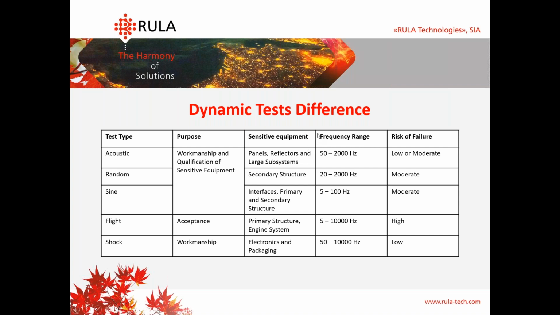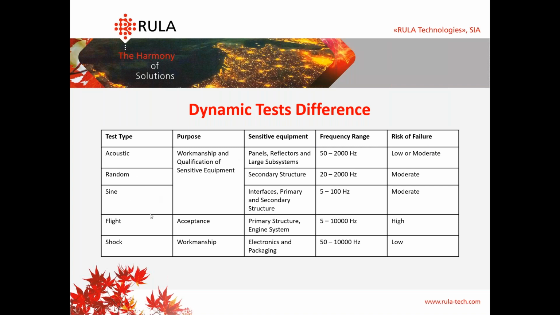Here you can see the main table which shows the difference between the dynamic tests. Here we have acoustic, random, sine, flight test, and shock. You can see the purpose of this testing, the most sensitive equipment parts during this test which must be tested, the main frequency ranges, and the risk of failure.